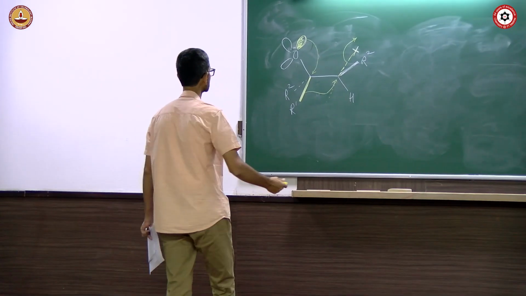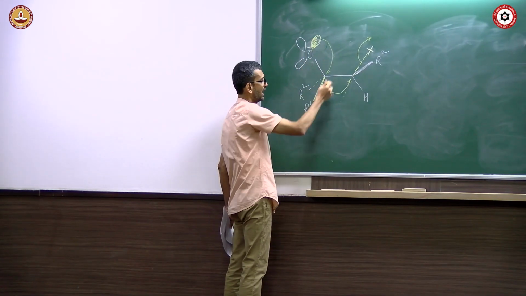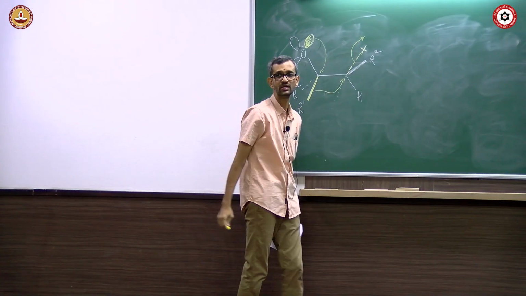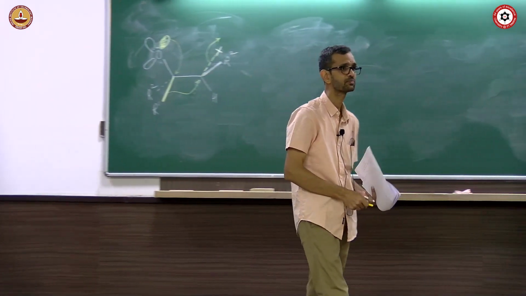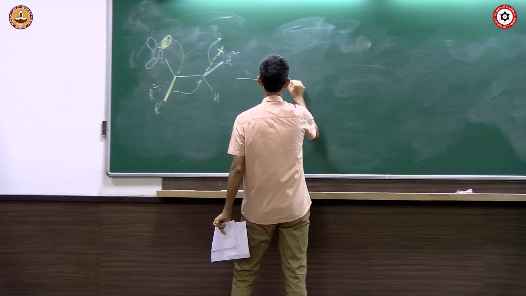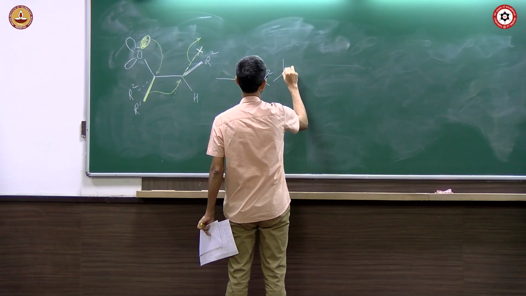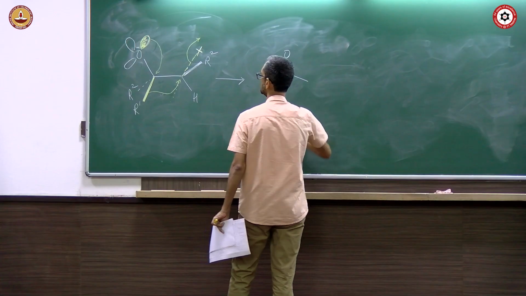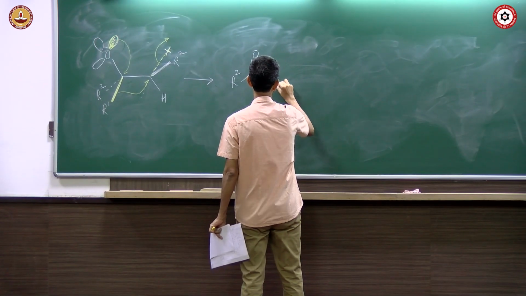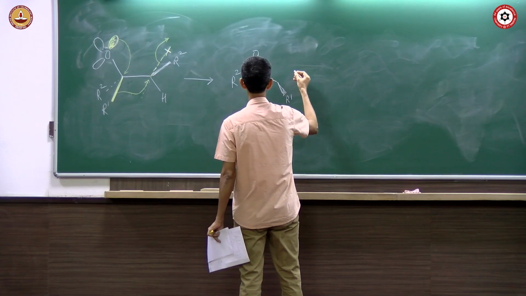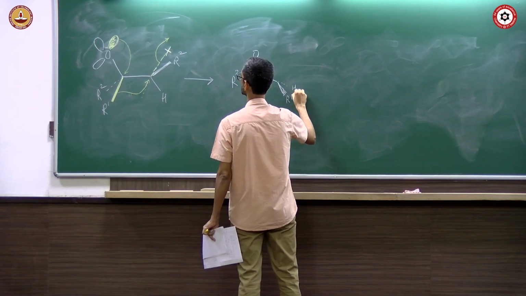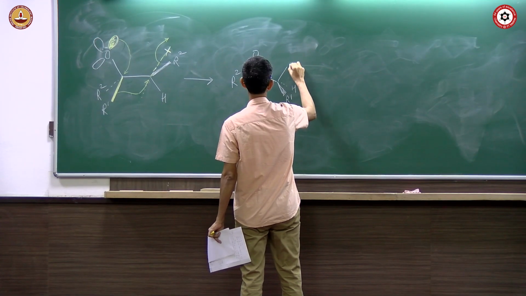So assistance is happening through the electron pairs, and then this R1 migrates, displacing the leaving group. What is the net product? R2 is here, double bond O, and then you have R1, R1 this side, H should be here, and then R2.